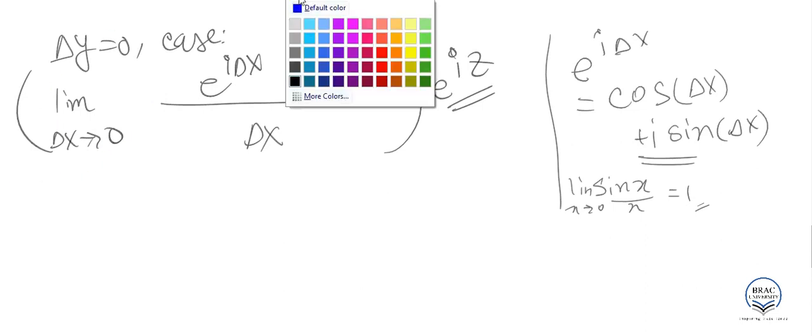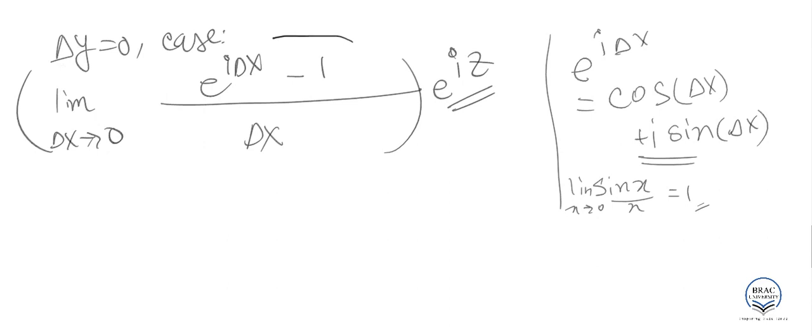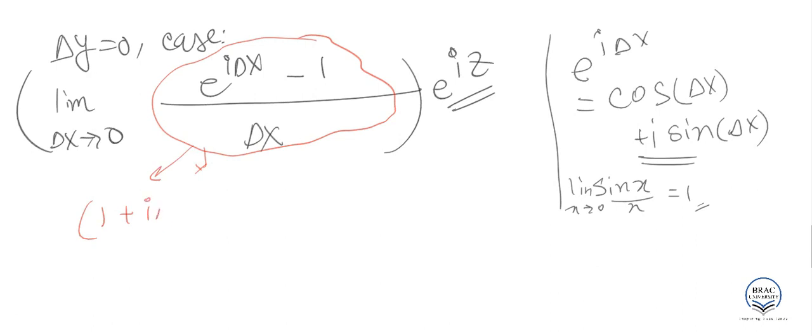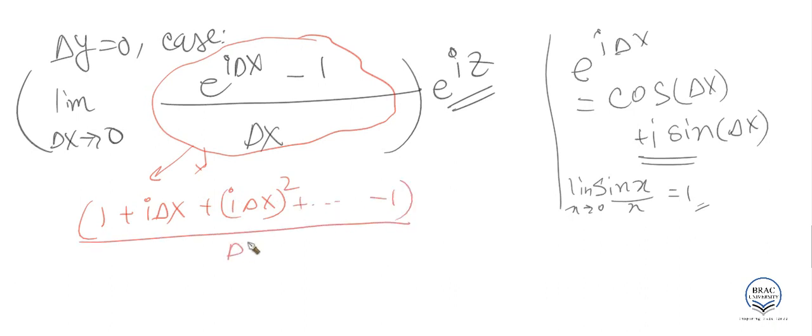We're going to evaluate this expression first. So this expression will give us 1 plus i del x plus i del x squared and so on, minus 1, and it is divided by del x, right? So the only non-zero term will come from this part over here.